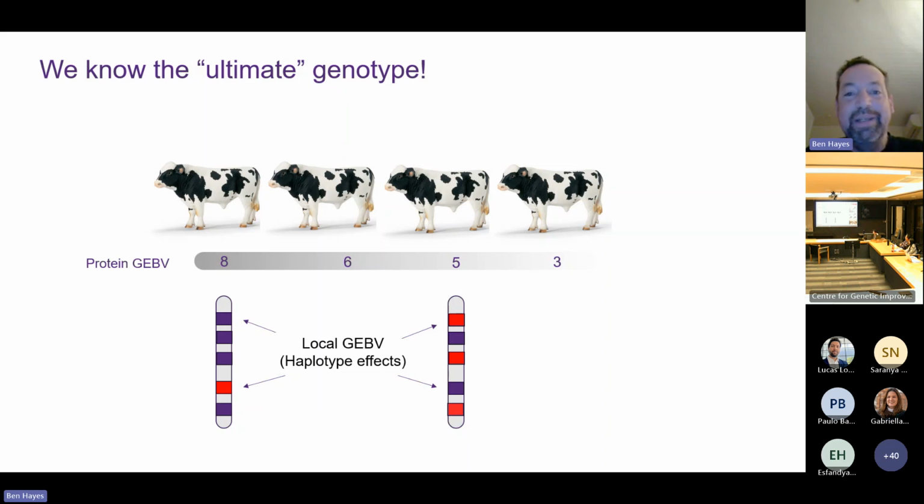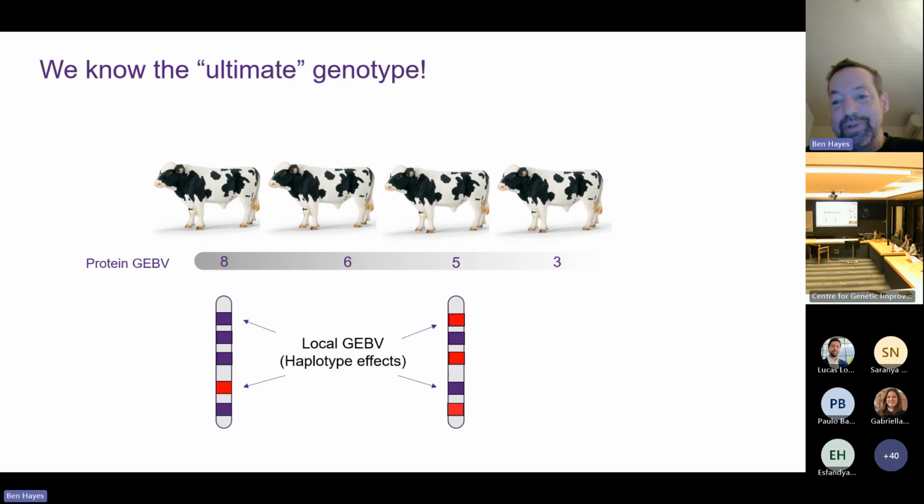So if you peer into the genomes of these animals, in this case, the blue are the desirable haplotypes, the best chunks of chromosome segment that increase protein at each position, and the red are the undesirable haplotypes. And what you notice in this example is even the bull that has the best genomic breeding value, he does carry a lot of good chromosome segments, but he also carries 1 or 2 bad chromosome segments.